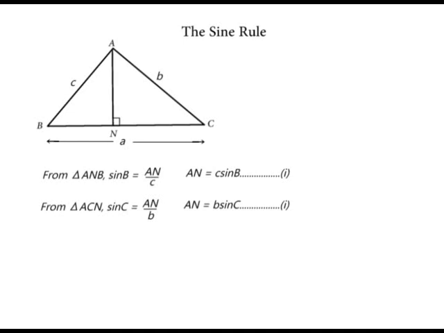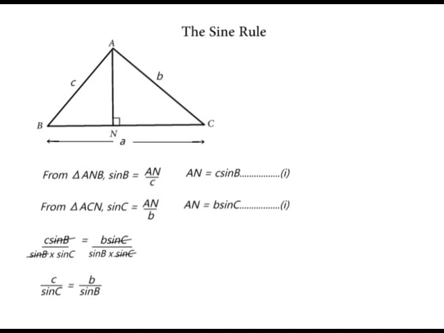It means we can equate the right-hand sides as well. And so C sine B is equal to B sine C. If we divide both sides by sine B and sine C, these cancel out, and we remain with C over sine C is equal to B over sine B.